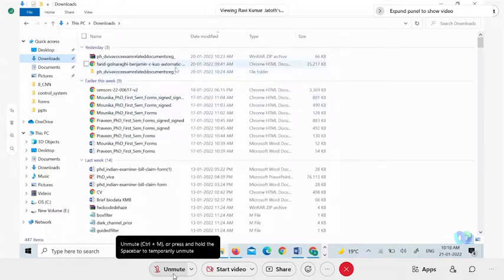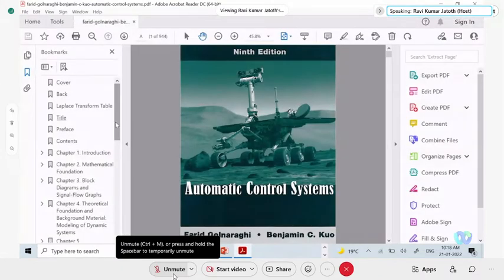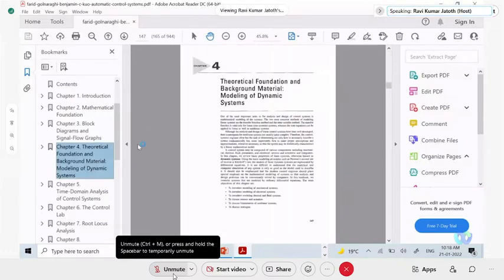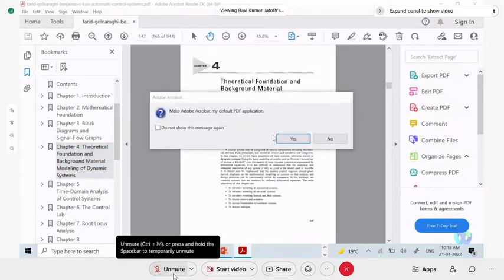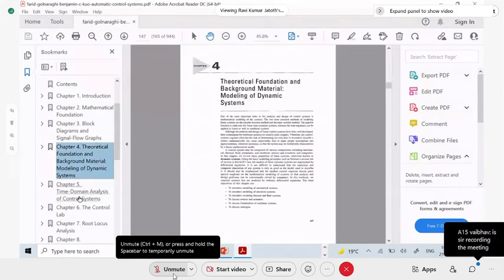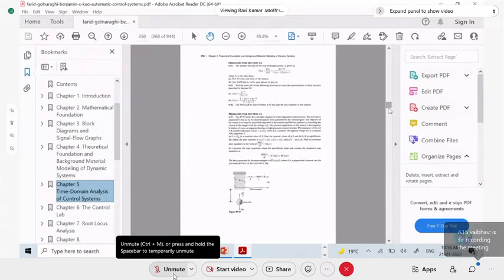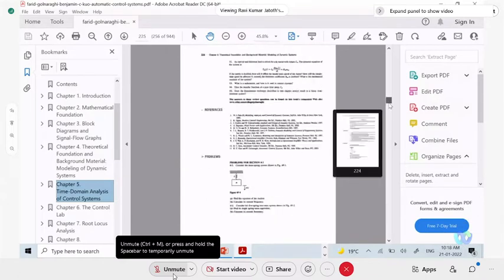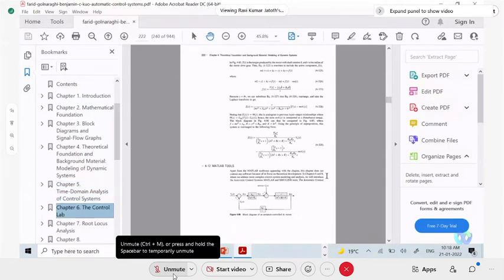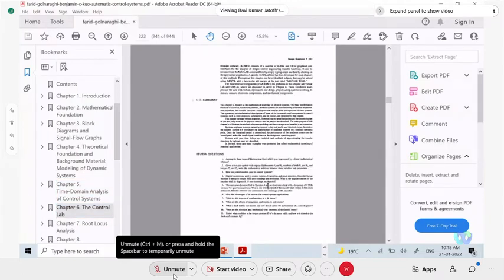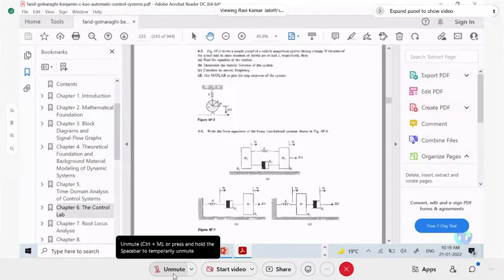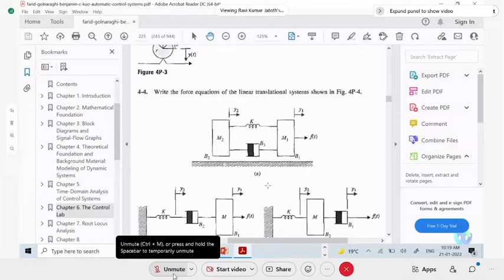Try to solve these problems also. This 4-4.